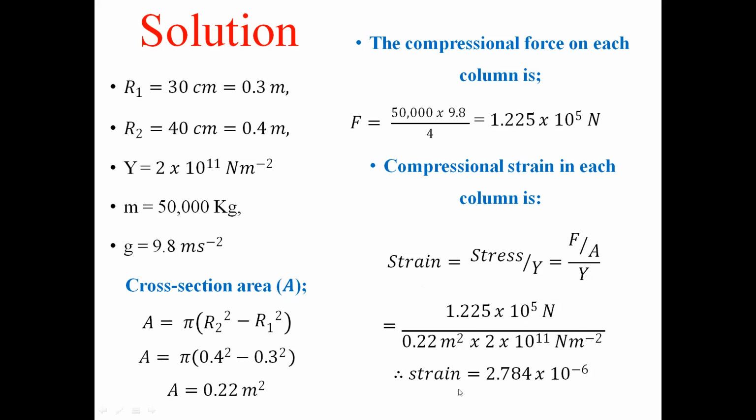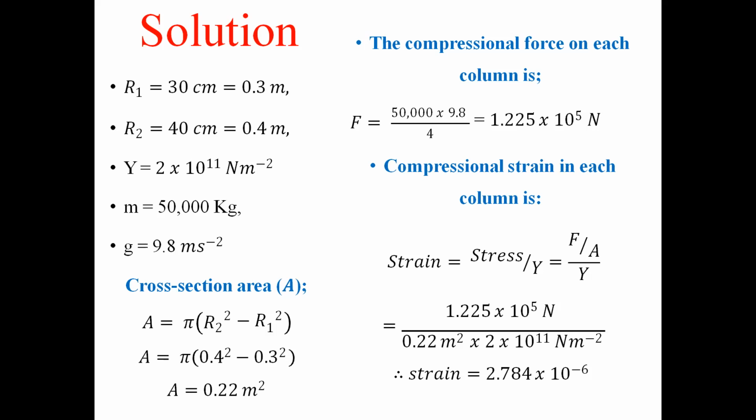That means the calculation of strain equals 2.78 into 10 to the power of minus 6. This is the calculation of strain for a hollow cylindrical column supporting the load of 50,000 kg.